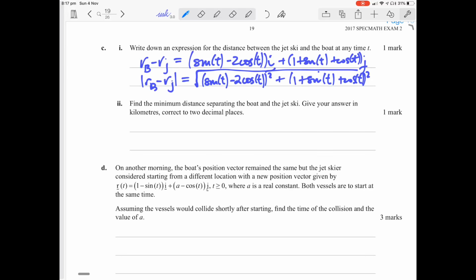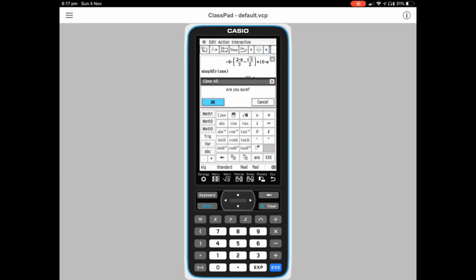Okay, so I've got to chuck this in the CAS. Okay, this is annoying. So the square root of sine of x minus 2 cos of x, I think it was, squared plus 1 plus, I think it was sine x plus cos x, squared.